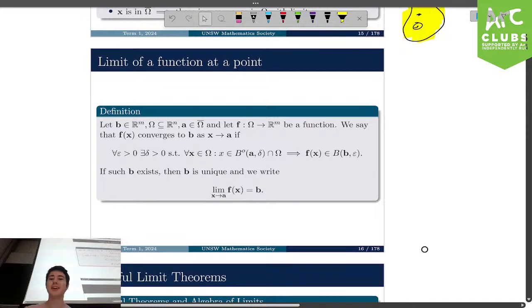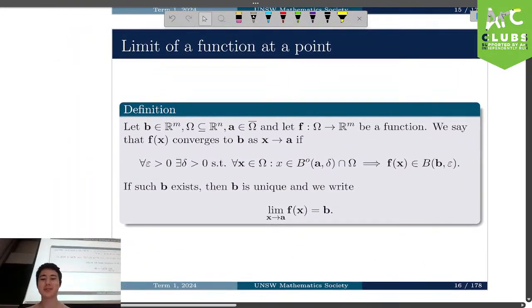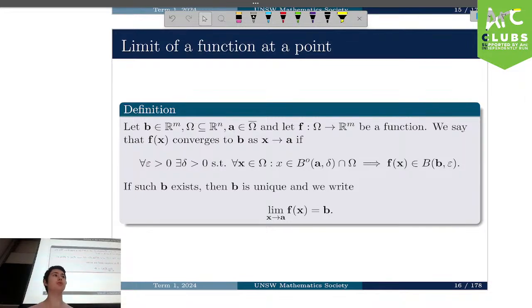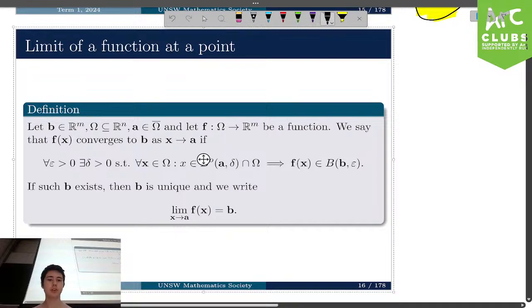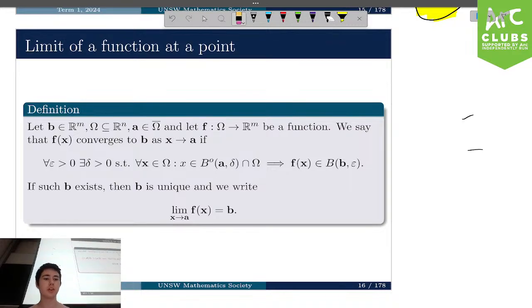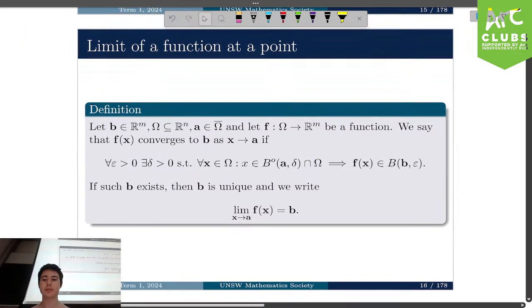Now, one more definition, maybe a few more. First up, we want to determine what it means for a function to converge to a point, because convergence is a little funky. If I have a function that just jumps all around the place, I can't really be sure of anything. So how can I become sure of stuff?